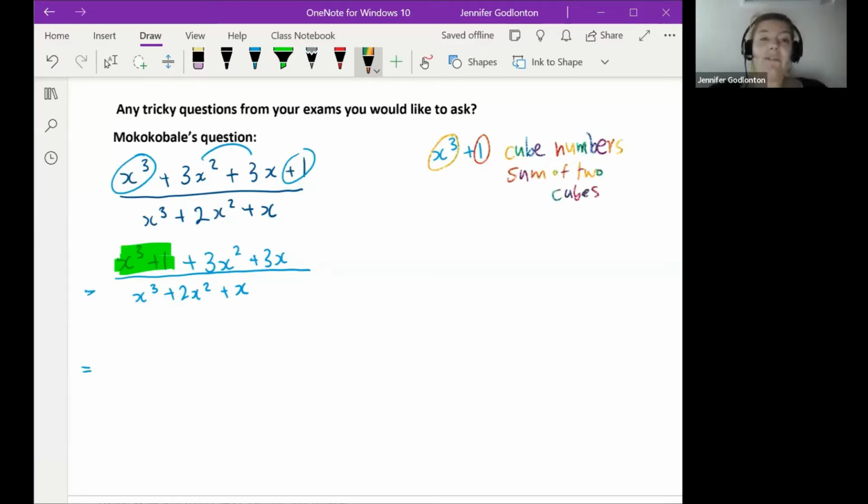Okay, and we very, very rarely see sum of 2 cubes in a grouping question, but here it is. When we do sum of 2 cubes or difference of 2 cubes, in the first bracket, we cube root both of those. So it will be x plus 1. In the second bracket, we square the first one, so that's going to be x squared. We have the opposite sign to what's in our first bracket and the product of our first bracket.